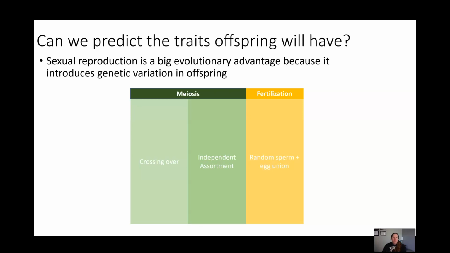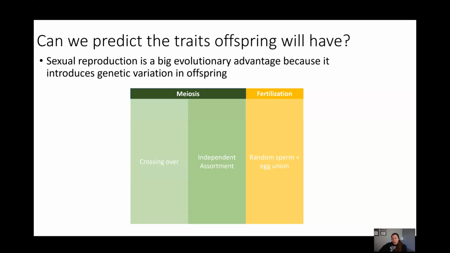So we're essentially shuffling a deck of cards every time those chromosome pairs line up along the metaphase plate in meiosis. Both of those have huge ramifications for genetic variation in that particular gamete, that sex cell, the egg, the ovum or sperm cell.